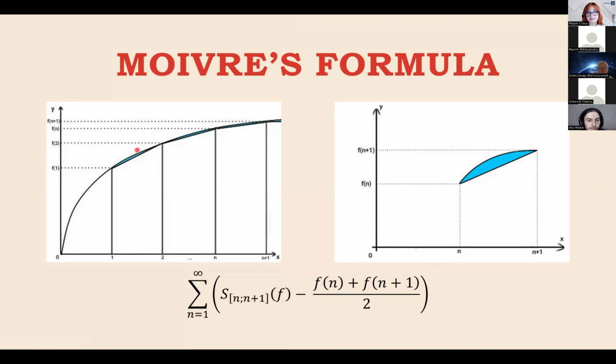Given that the function is convex, in figure 2 the sum of the series is the sum of the areas of the curved blue trapezoids, and figure 3 shows the nth term of the series, the sum from n equal to 1 to infinity, of the area of our last rectangle minus the average value of the last two functions.